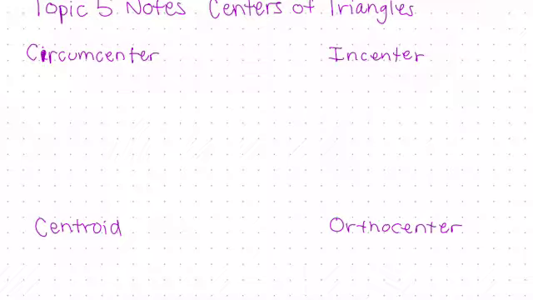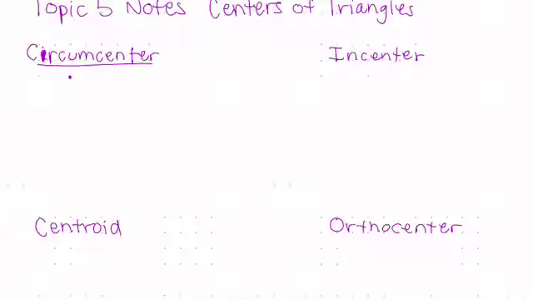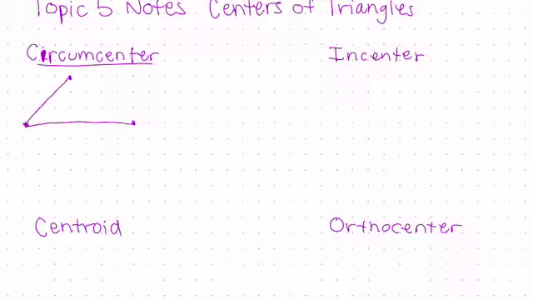So the circumcenter, I need to draw it. If we had a triangle, and it can be any shaped triangle that we want it to be, just draw a triangle. If yours doesn't look like mine, it's totally fine.